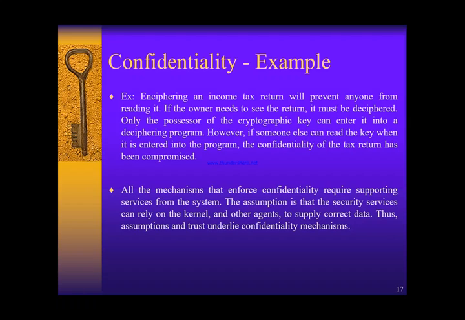And all the mechanisms that enforce confidentiality require supporting services from the system. The assumption is that the security services can rely on the kernel and other agents to supply correct data. Thus, assumptions and trust underlie confidentiality mechanisms.